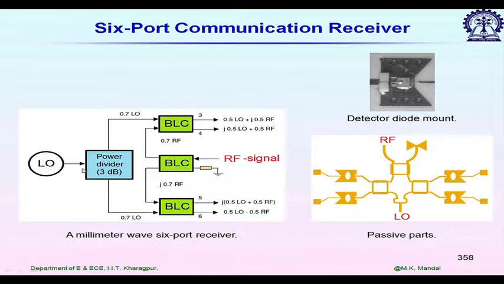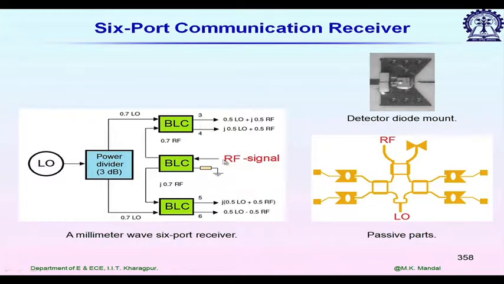So, local oscillator, it is fed to one 3 dB power divider, then it will divide power into 2 components simply without any phase difference between them. It is being fed to 2 branch line couplers. So, if you feed one signal to a branch line coupler, it will divide it into 2 components, for a conventional BLC with a phase difference of 90-degree.